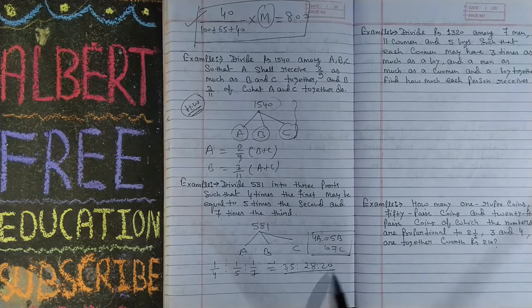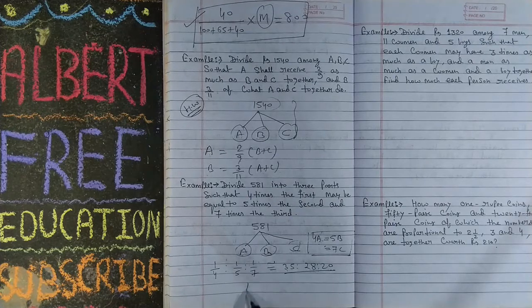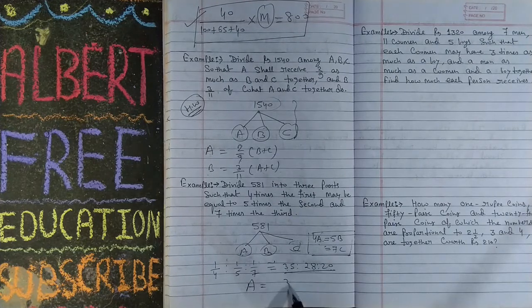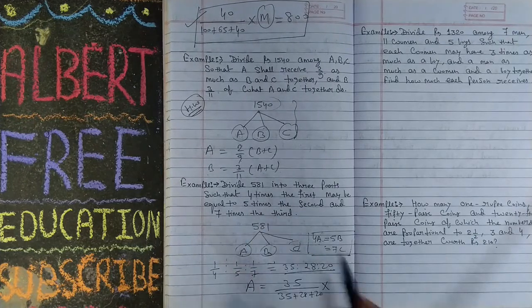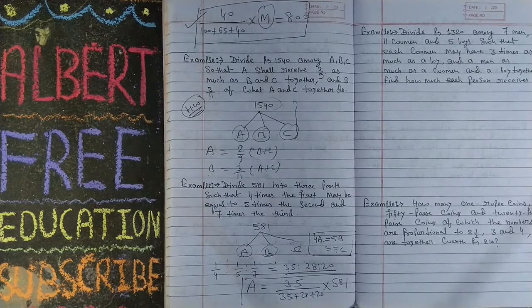Now you can find the share of A, share of B and share of C. Share of A is equal to this money upon 35 plus 28 plus 20 into this money 581. Then you will get the share of A. Similarly, you can find the share of B and share of C.